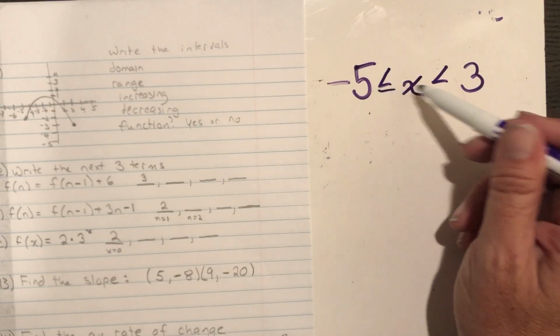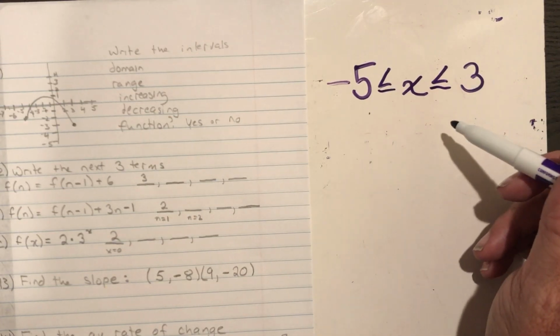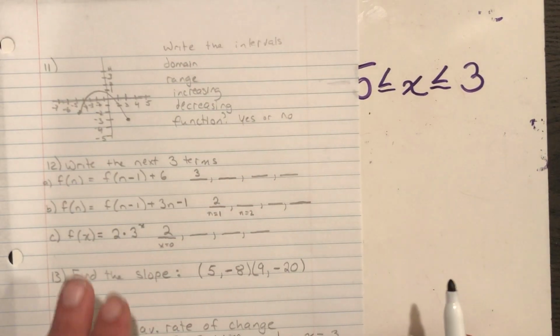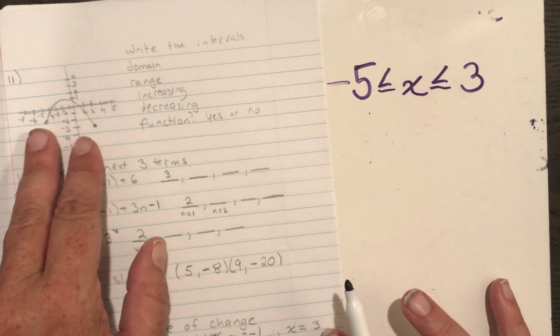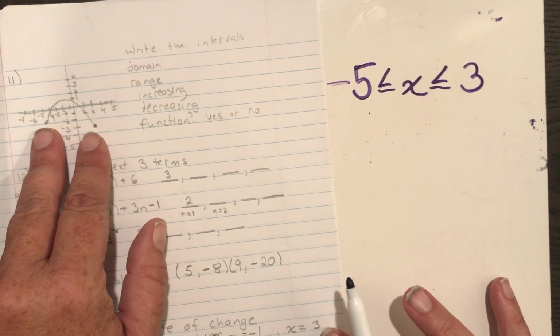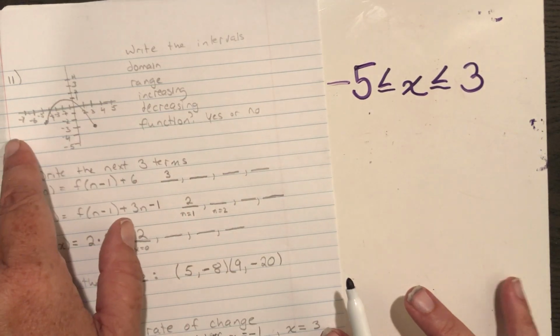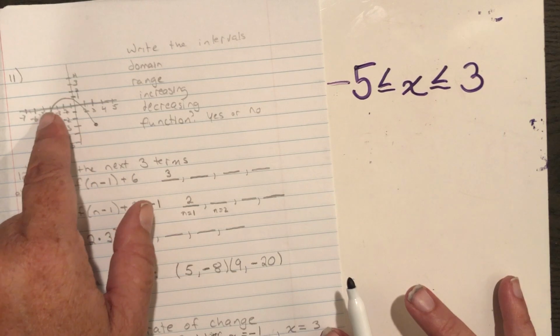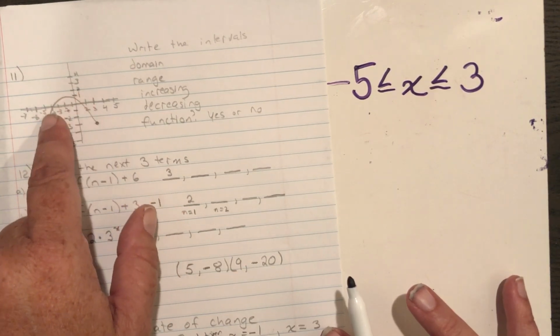Okay, you can put less than or equal to on this if you want. If you don't, I won't mark it wrong at this point. So I'm saying that all the x values in this graph have to be in between -5 and +3. There can't be any x values that are like a 5 or a -8. They all have to be in between -5 and 3, the part on this picture.